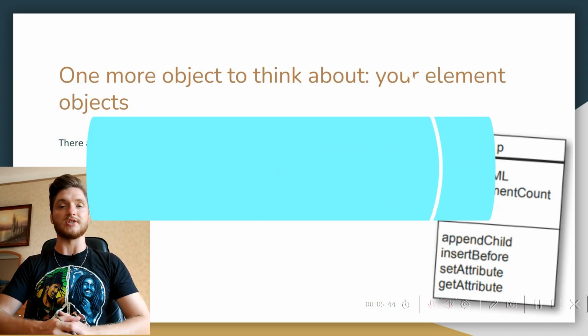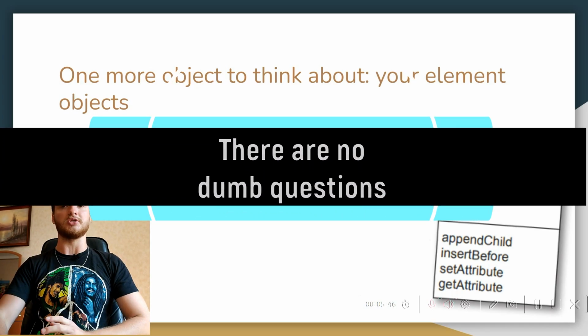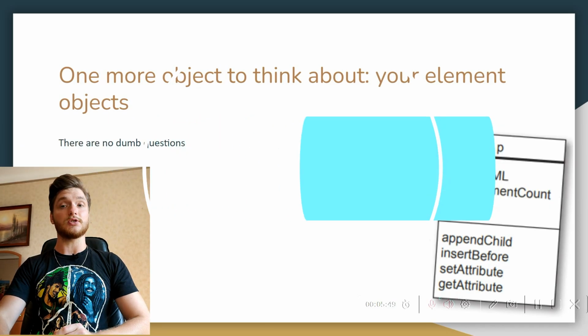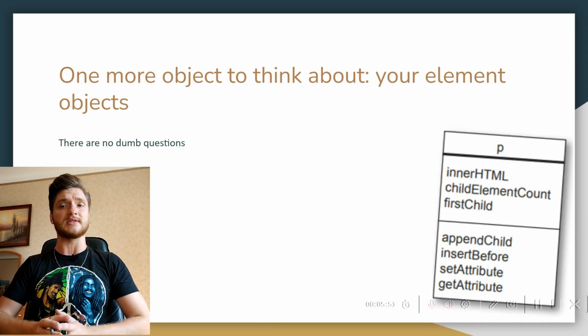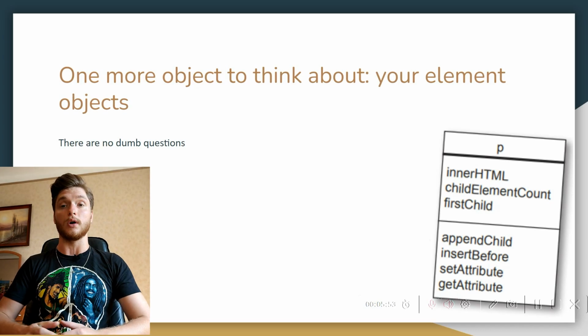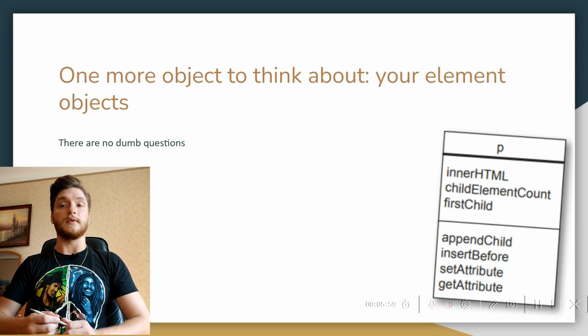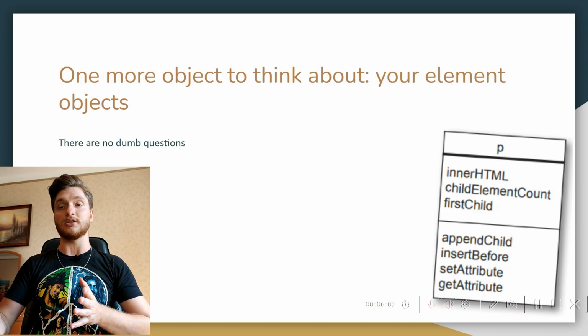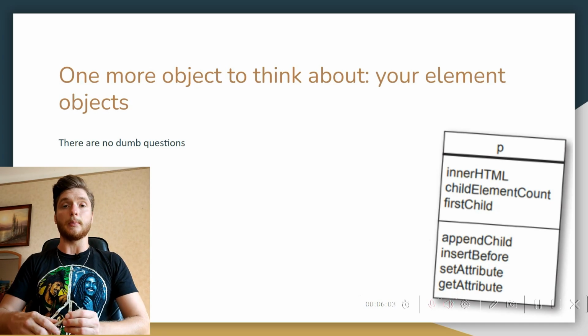There are no dumb questions. Since window is a global object, that means I can use its properties and all of its methods without specifying window first, right? That's right. And whether you prepend the window object's properties and methods is up to you.